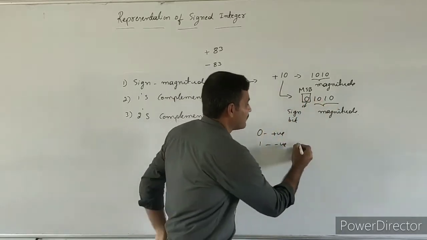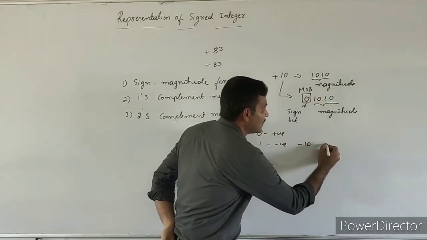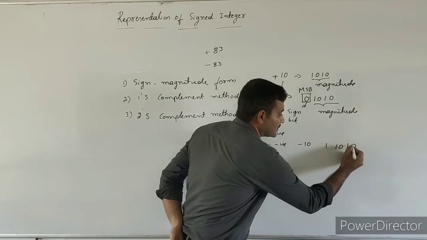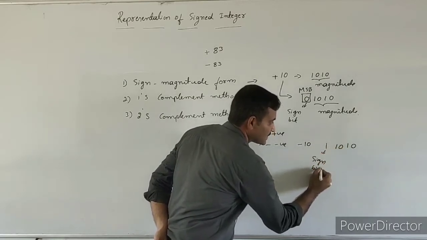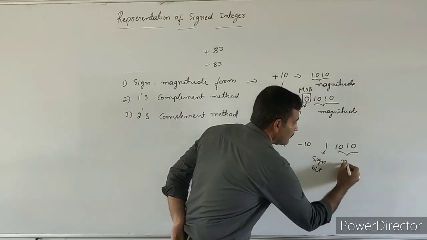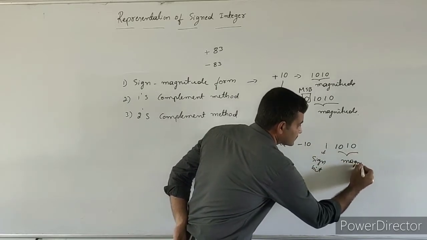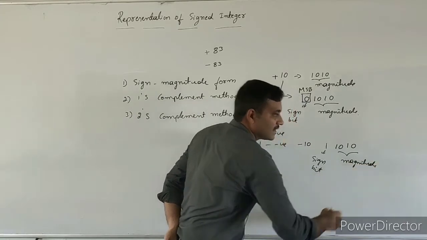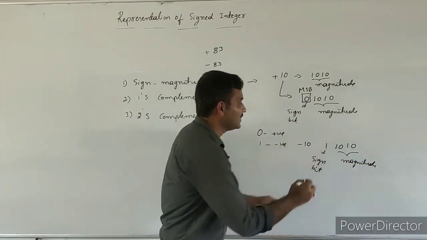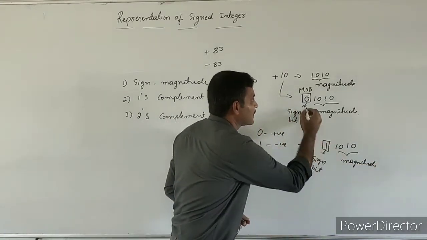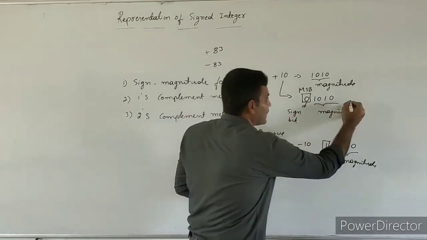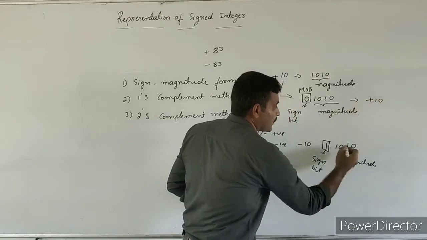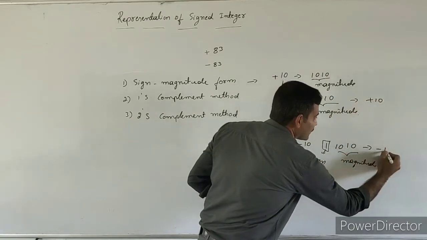Then the number minus 10 is represented as 11010. Here 1 is the sign bit and the remaining is the magnitude. So 1 represents negative and 0 represents positive. This value is positive 10 and this value is negative 10.